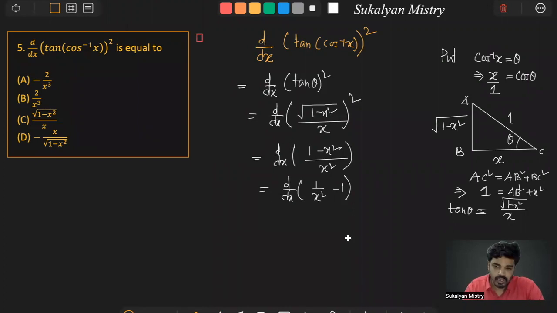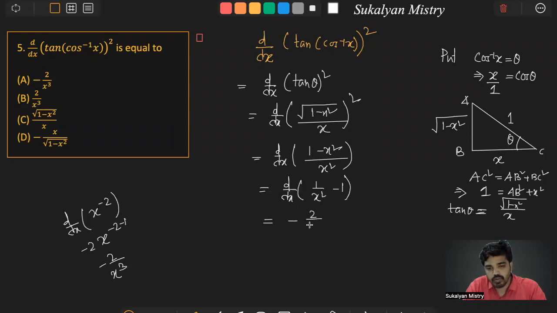Now differentiate this. 1 by x square is x to the power minus 2, so n into x to the power n minus 1 gives minus 2 by x cube. So the derivative of 1 by x square is minus 2 by x cube, and the differentiation of 1 is 0. So which option is correct? Option A is the correct answer.